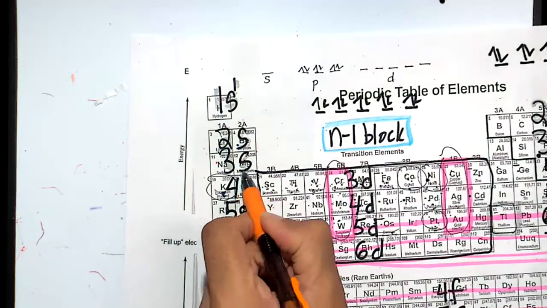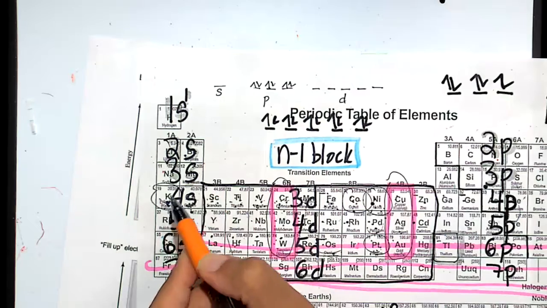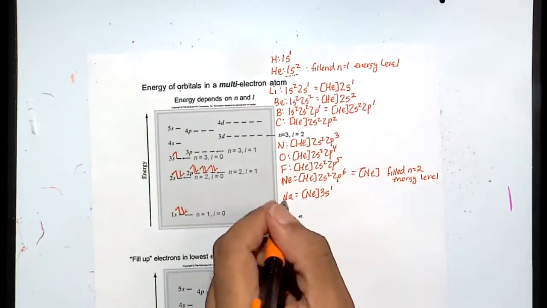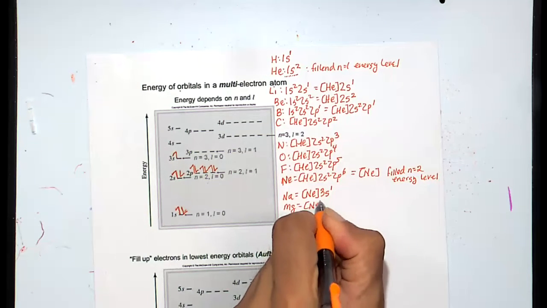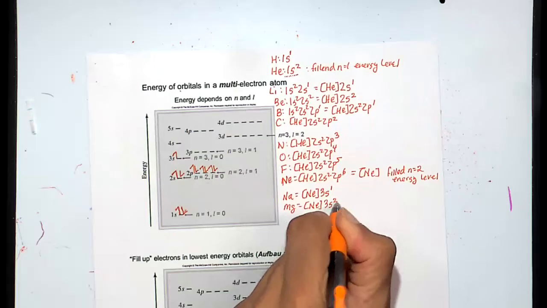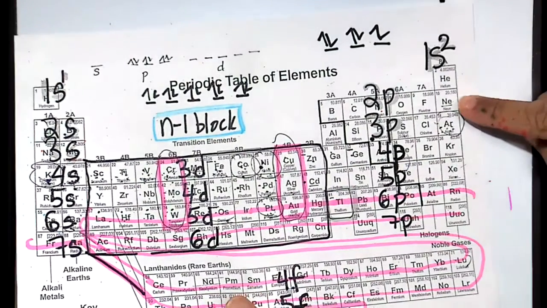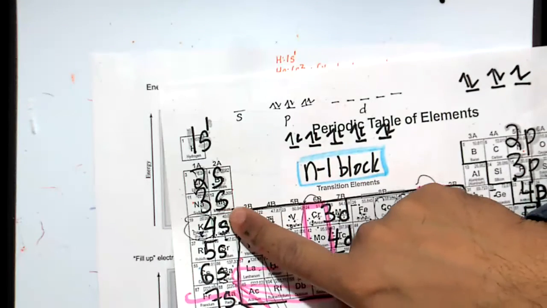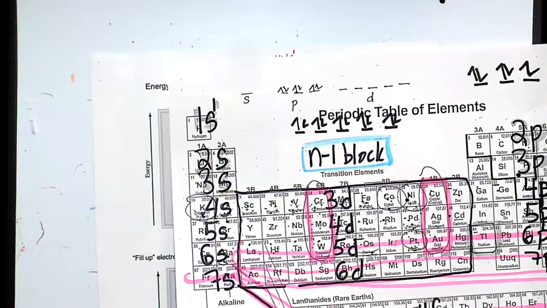Magnesium is going to be neon, nearest noble gas, 3s2. Okay, remember the 10 electrons from neon, okay, plus the 2 electrons here give you 12. So 12 electrons of magnesium.